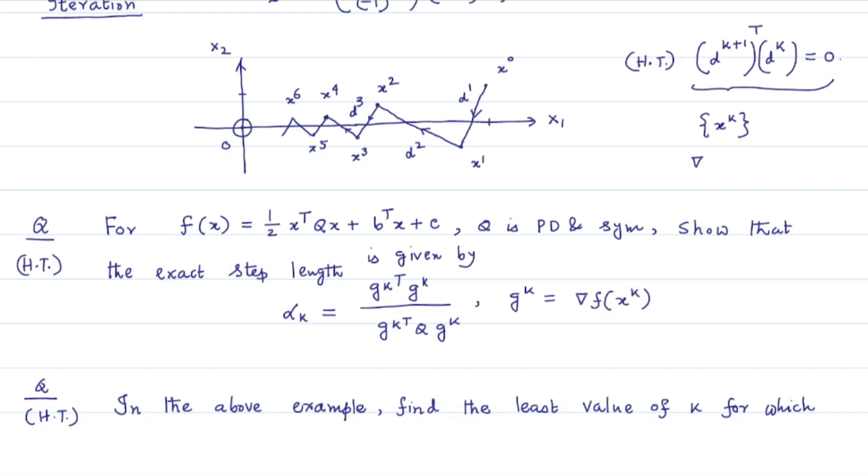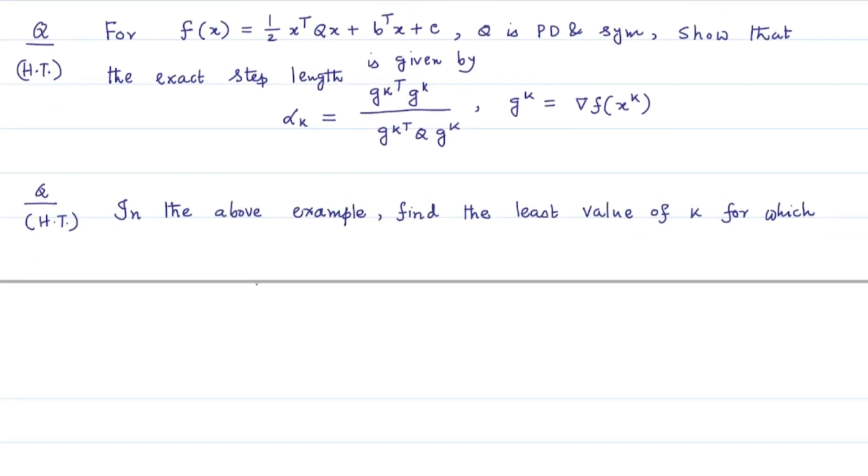That is, find the least possible value of k at which the steepest descent method will terminate, for which the gradient of f at xk is less than epsilon, and put the value of epsilon as 0.01.